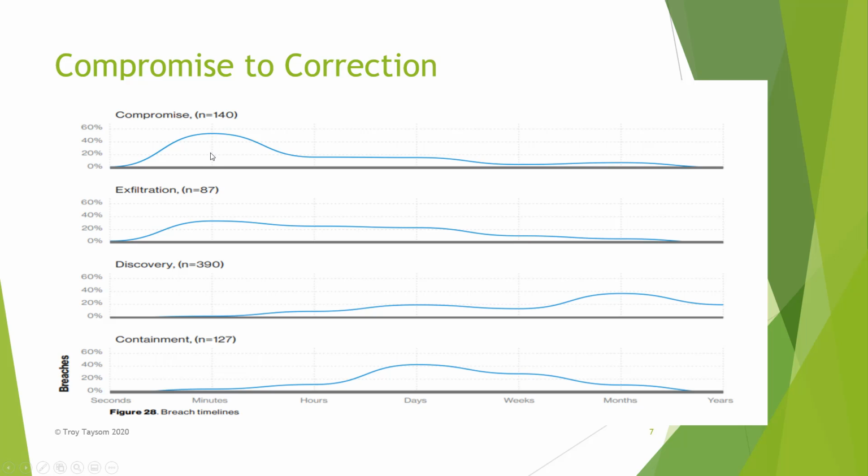The compromise, if you look at this as a bell curve, and it's not quite a bell, but close enough. Right here, that's the highest, and it's in minutes. It doesn't say how many minutes, but it's in minutes, and you have hours over here.